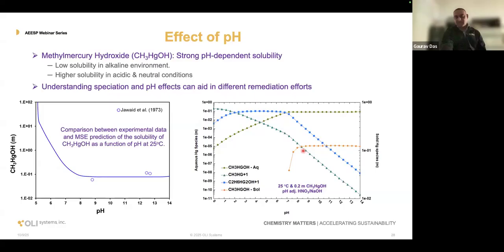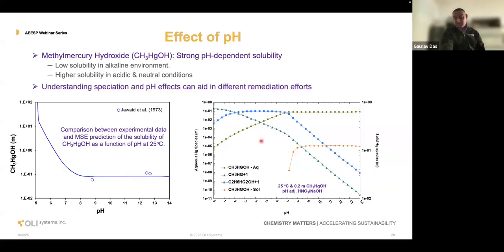There is another compound of interest, which is methyl mercury hydroxide, which precipitates as the pH goes high. There are only a few experimental data points available. However, this system is very important in terms of speciation. In order to model the system, various species are considered, which are methyl mercury hydroxide aqueous species, methyl mercury +1, and dimethyl mercury hydroxide +1 species. As a function of pH, the solubility of methyl mercury hydroxide is being well captured.